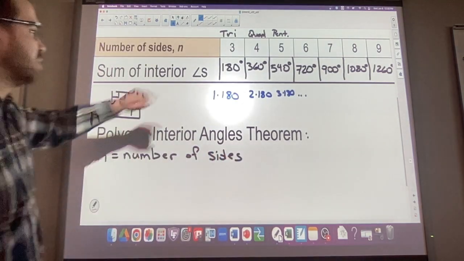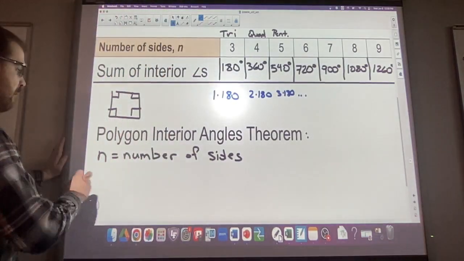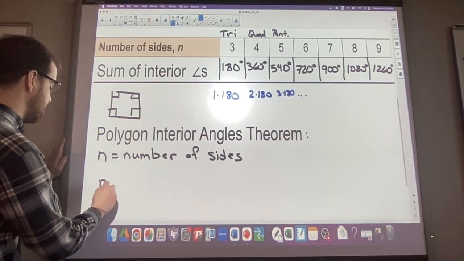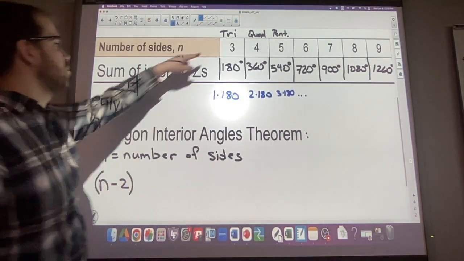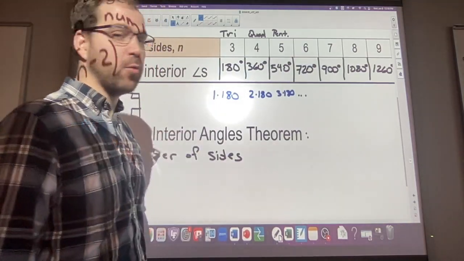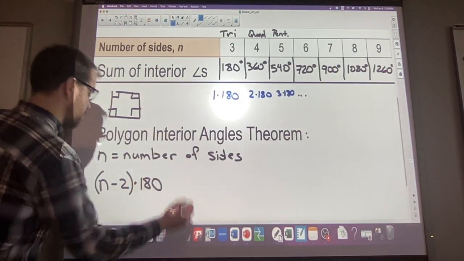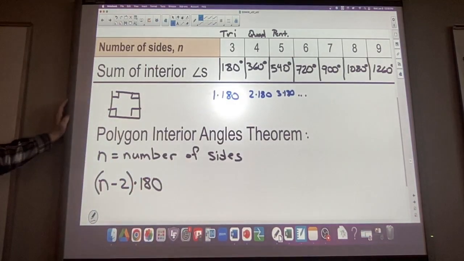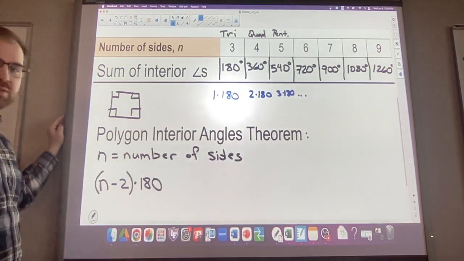So what we're going to do is we're going to take n minus 2. So like 3 minus 2 is 1. And then whatever you get, you're going to multiply it by 180.